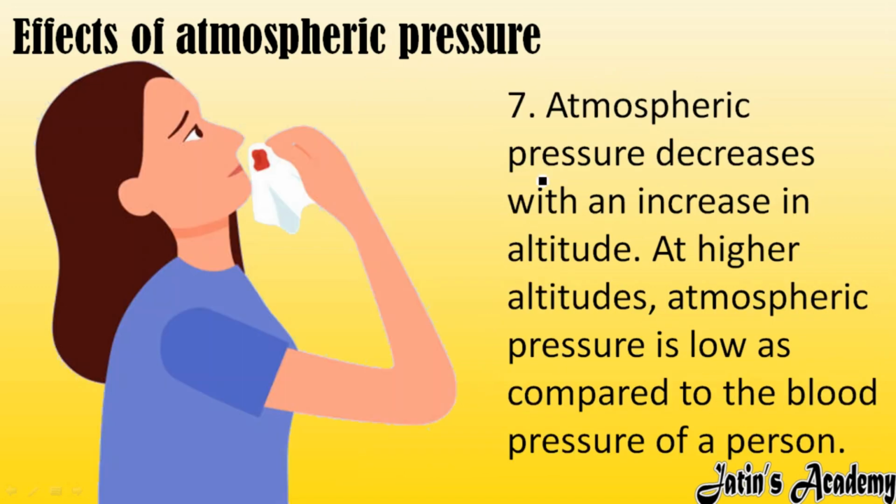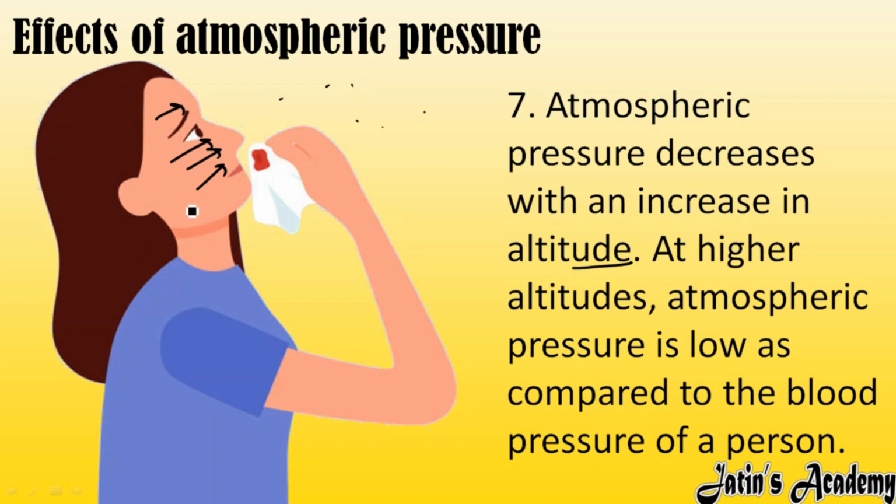Next, atmospheric pressure decreases with increase in altitude. As we know, whenever we move to higher and higher altitudes, the atmospheric pressure reduces. See carefully, our blood is exerting pressure on our body. When outside pressure reduces, there is a region of low pressure outside, but inside the body there is a region of high pressure.